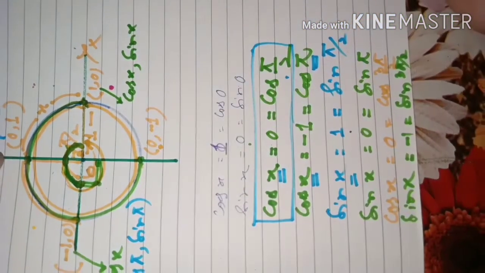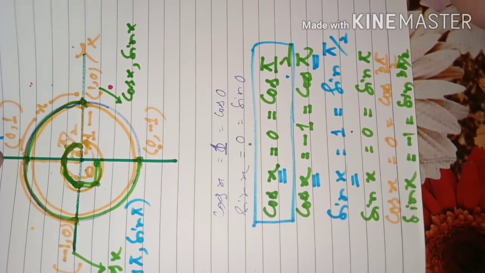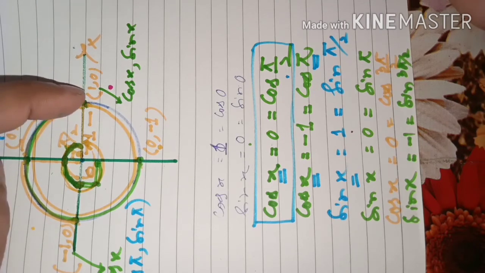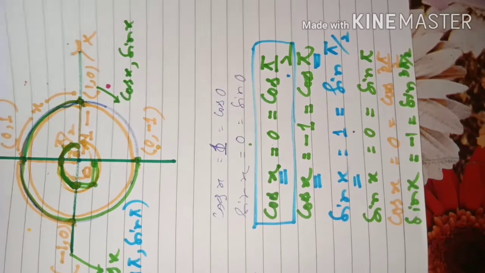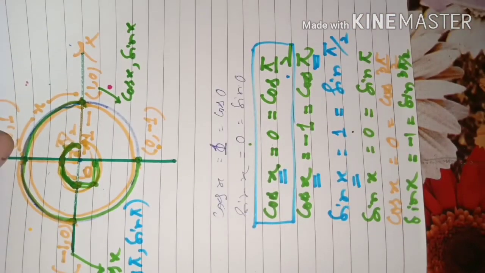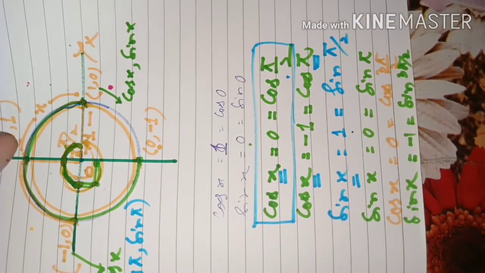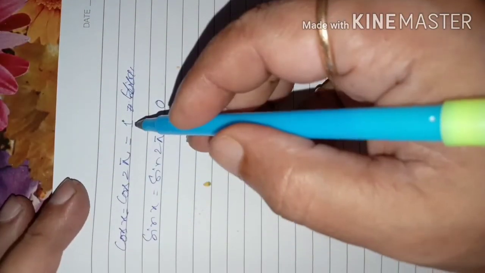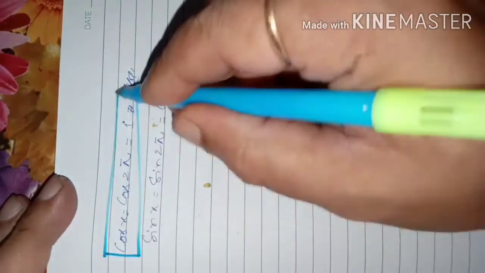Twice pi angle. For twice pi angle, again cos x is 1 and sin x is 0. So cos twice pi is 1, and sin twice pi is 0.